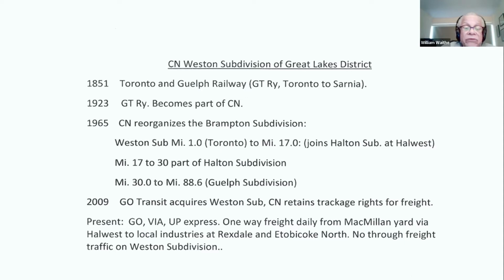And in fact, when I looked at the street maps of Toronto, I realized that the freelance track that I had designed, just a reasonable freelance industrial switching layout, which was an out and back layout, that is, trains would leave the classification yard, go to the industries, and return, I realized the Weston sub itself was identical in its structure.